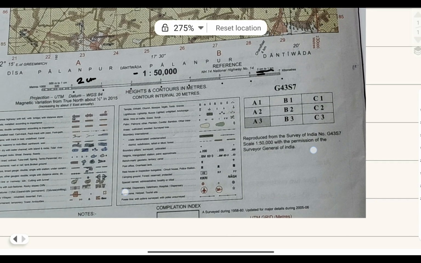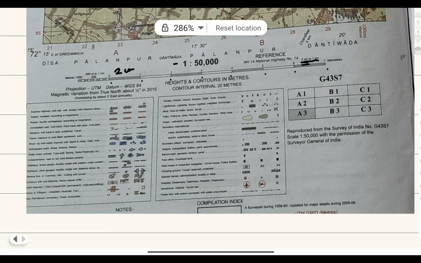And one more thing, children, in order to show all these features, we have to use certain conventional colors and symbols. So this key will be given to you, and by the time you practice and get ready for your board examination, you will see that you have already learnt the symbols.